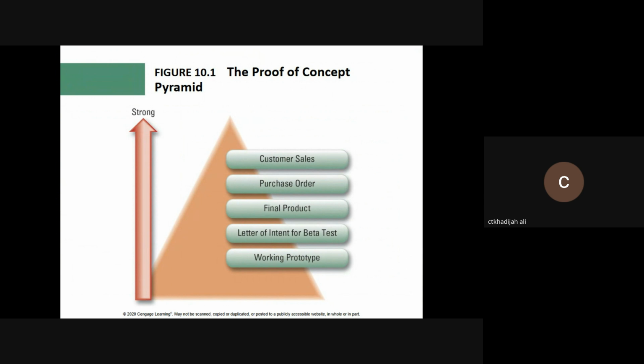Alpha test is among you and then the beta test is the crowd will be more. Right? And then you go to the final product after you get all the comments from the audience, then you will improve some here and then you will get the final product and then purchase order and then customer sales.